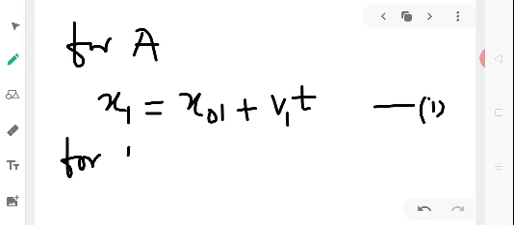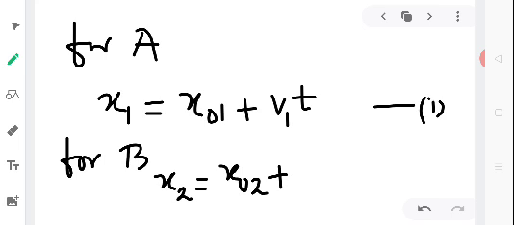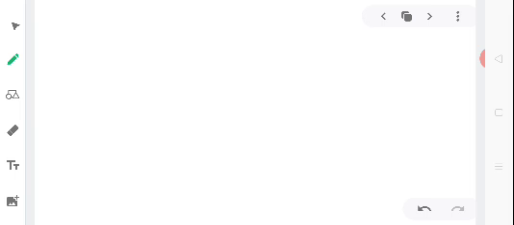Similarly, for B, we can write x2 equal to x02 plus v2 times t. Let us consider this as equation number 2. Subtracting these two equations, what we will get?